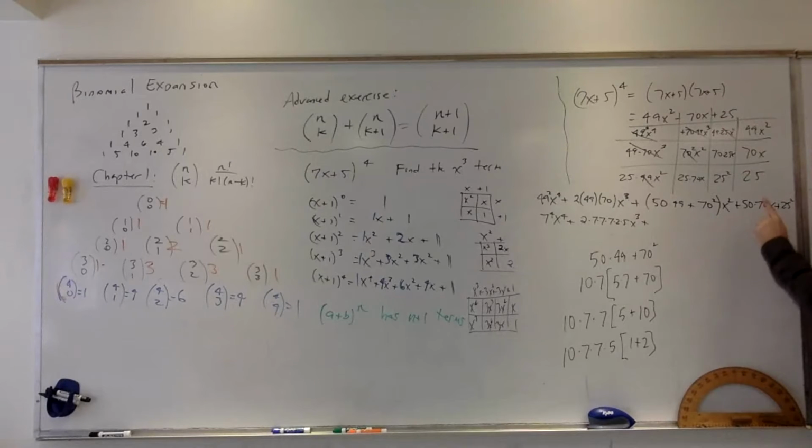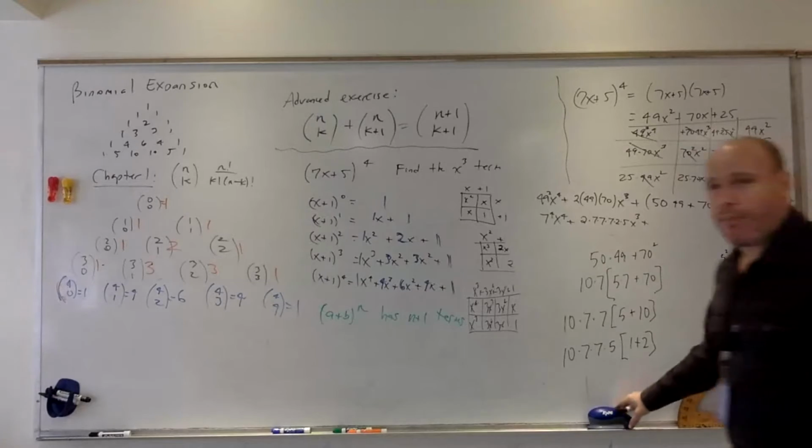What's going on over here? 50, 70. This part, I'm going to pull out a 10. Oh no, I'm going to pull out 100. And I'm good. So I have 5 squared times 4 times 5 times 7, and this is 5 to the 4th.